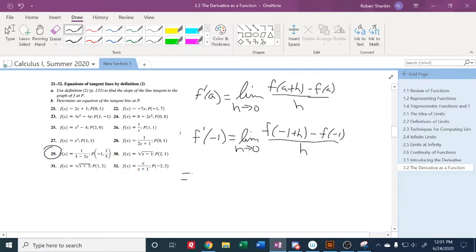And this is equal to, now f of anything is 1 over 3 minus 2 times that thing. And when I substitute -1, I'm going to get 1/5.